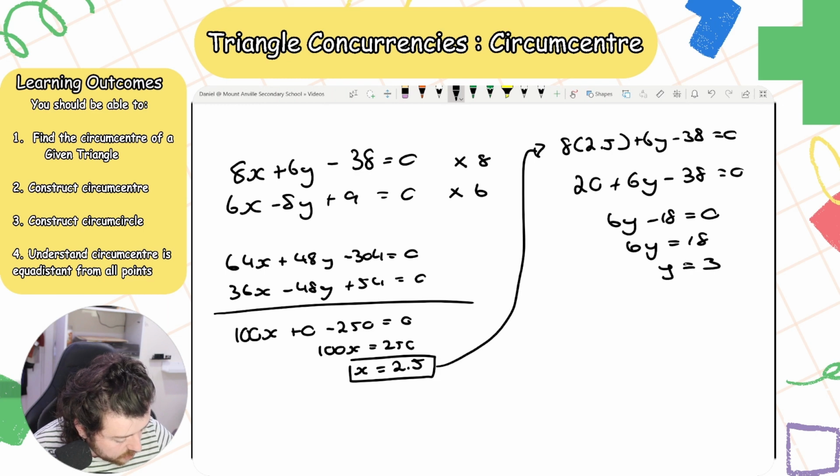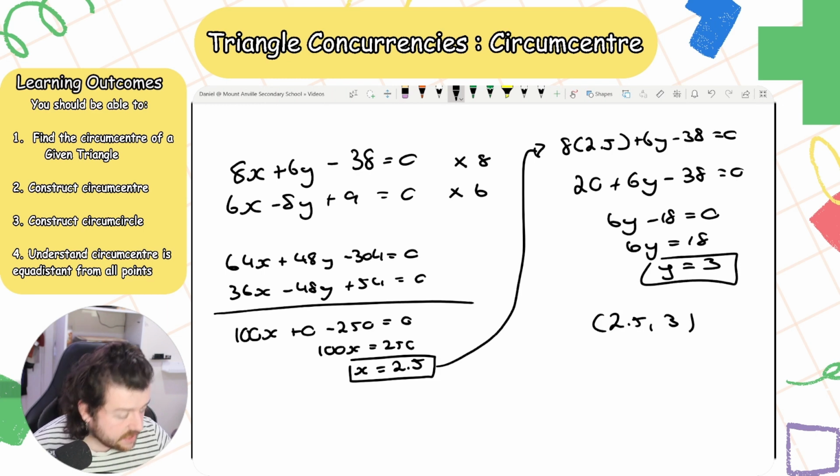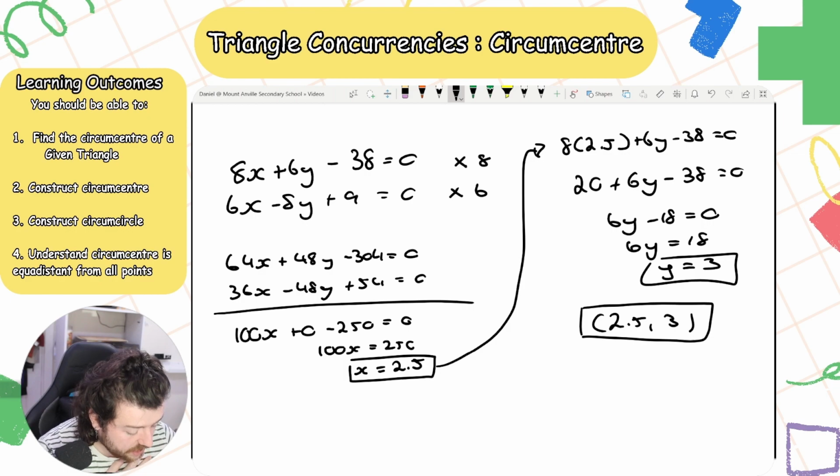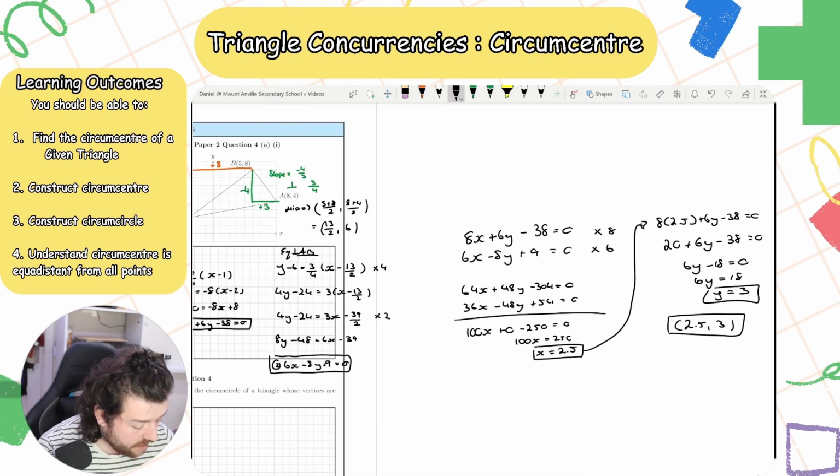Y is going to equal 3. So (2.5, 3) should be my circumcenter for that triangle there.